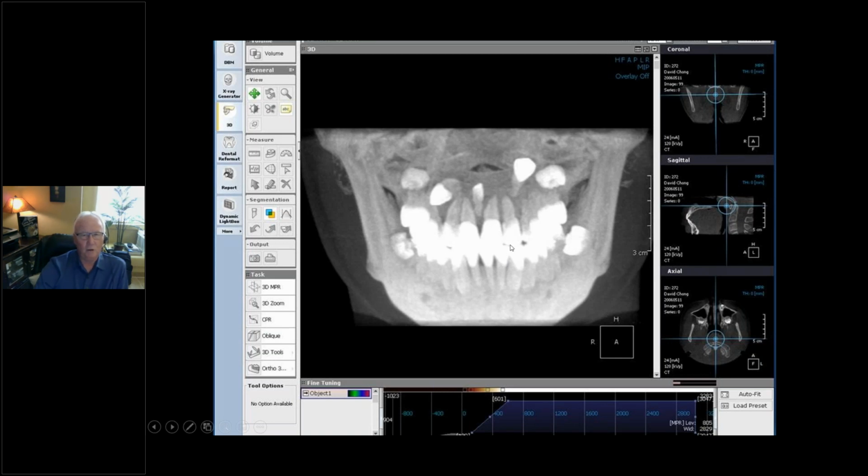This is an image I've shown before that has a lot going on in here. This is a MIP, or a maximum intensity projection image, which they'll show you how to use in the Easy 3D dental software. But you can see tooth 11 is going northeast, tooth number 6 is going west, and there's a supernumerary.